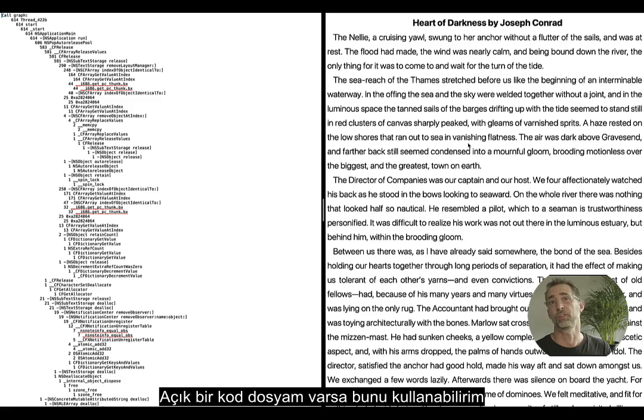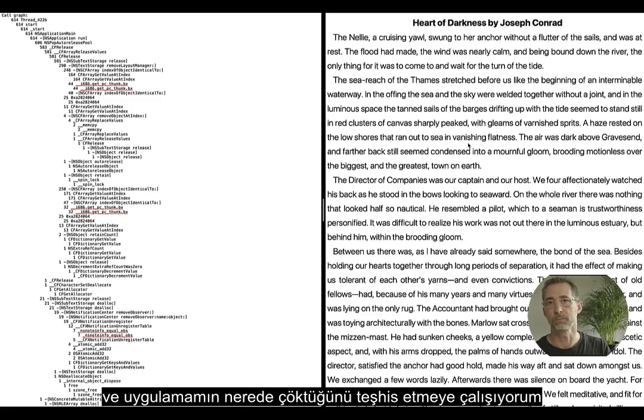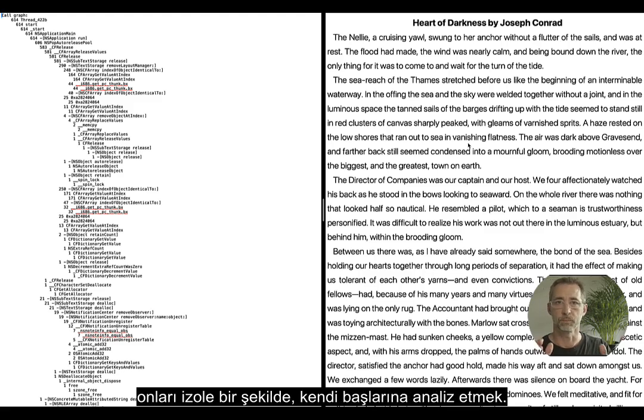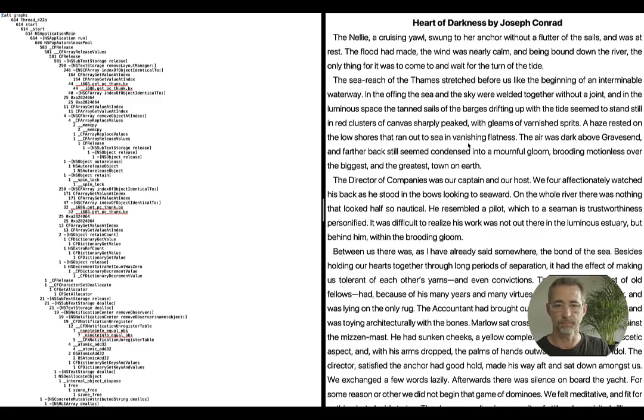I might use this if I've got a code file open and I'm trying to diagnose where my app crashed and I'm reading through the source. I might bring them up side by side just so that I can analyze them isolated all on their own.